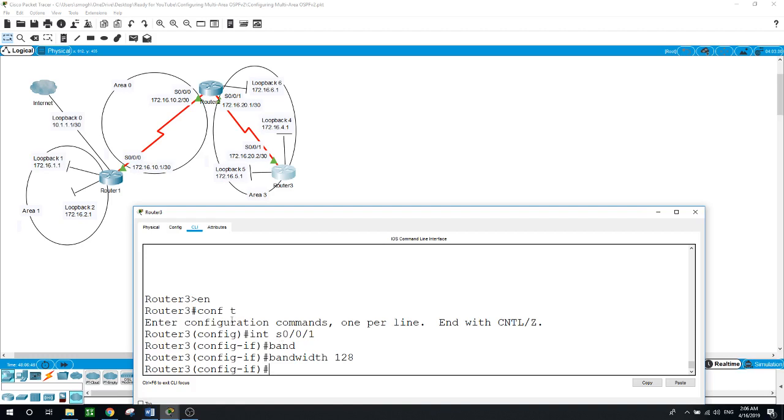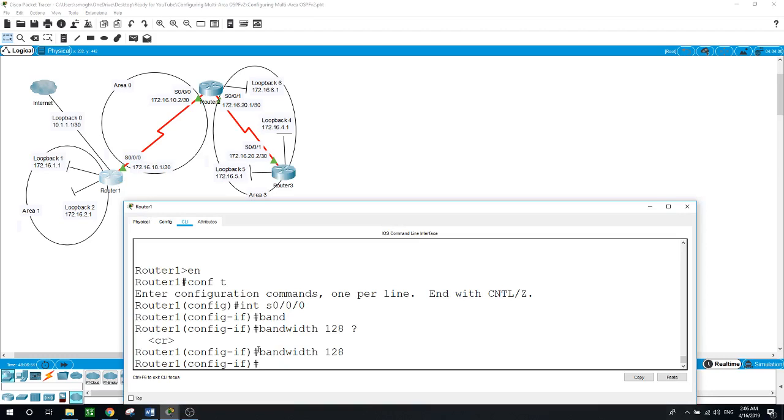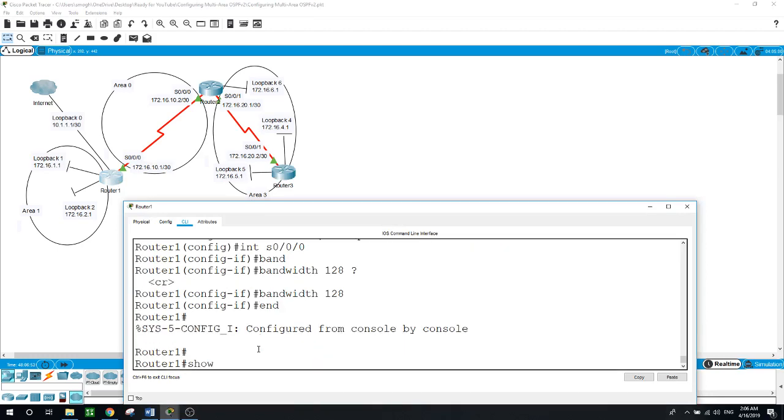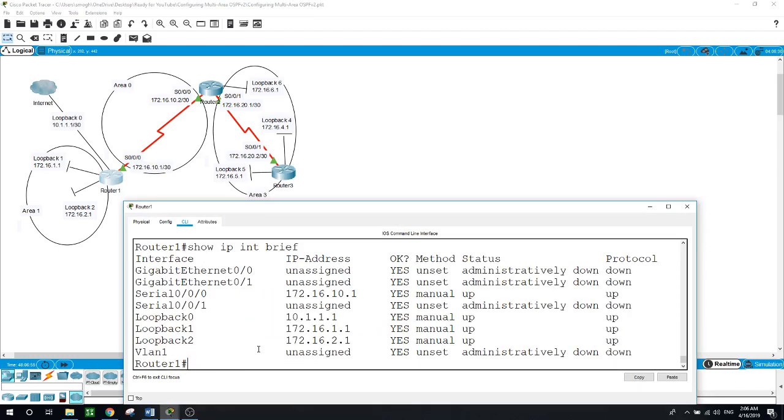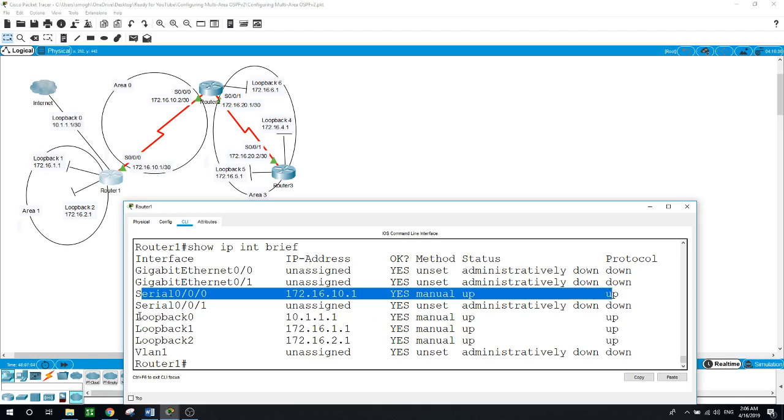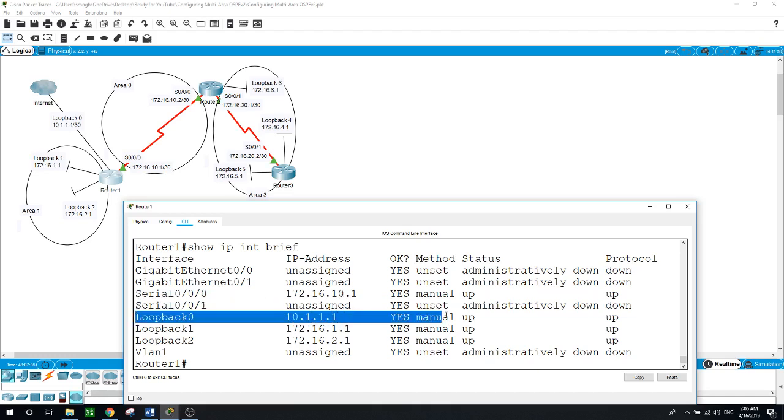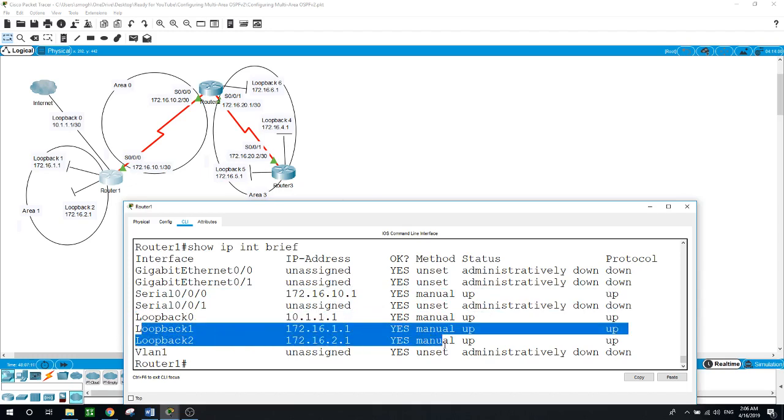and router 3. Here on router 1, in show ip interface brief, it shows us the interface serial 0/0/0 is up and up, and loopback 0, the one connected to the internet, is up, and the two loopbacks, loopback 1 and 2.